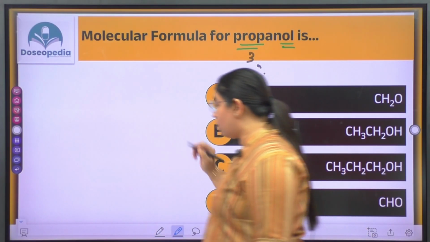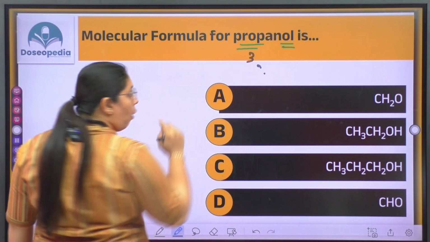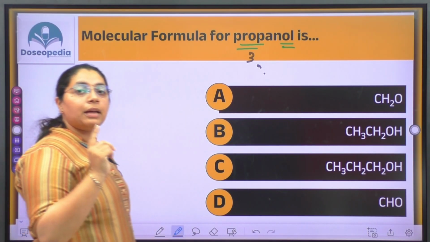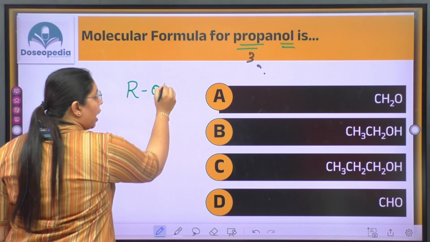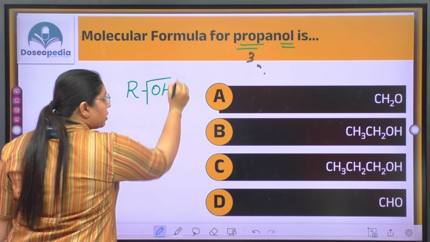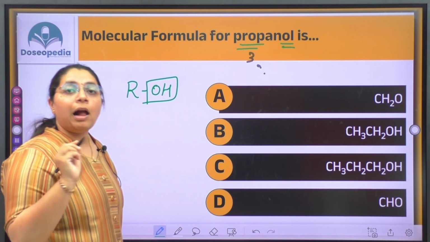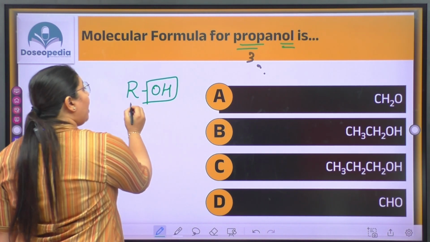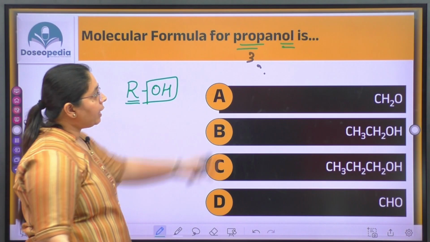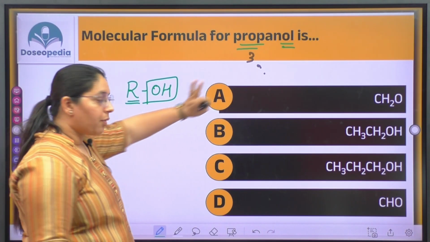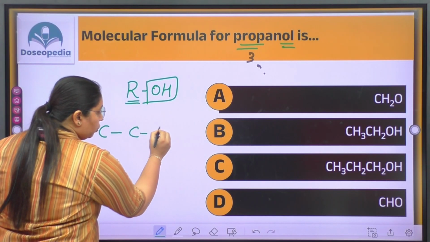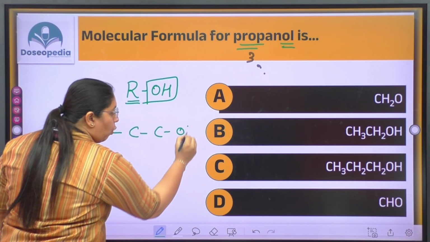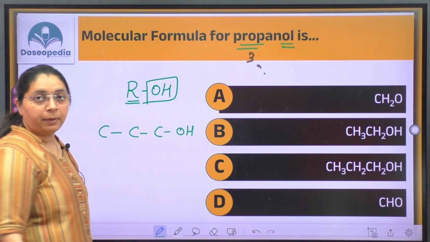Now let's arrange the 3 carbons and 1 OH group, because it is an alcohol. The general formula for alcohol is ROH. OH is the functional group for alcohol, and R will be the alkyl group. How many carbons are there? 3 carbons, right? So let's arrange 3 carbons: 1, 2, 3. And you have OH attached to 1 carbon.